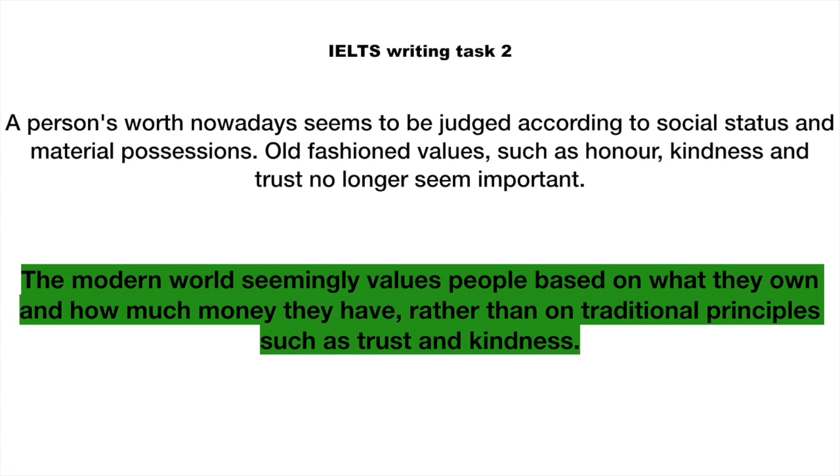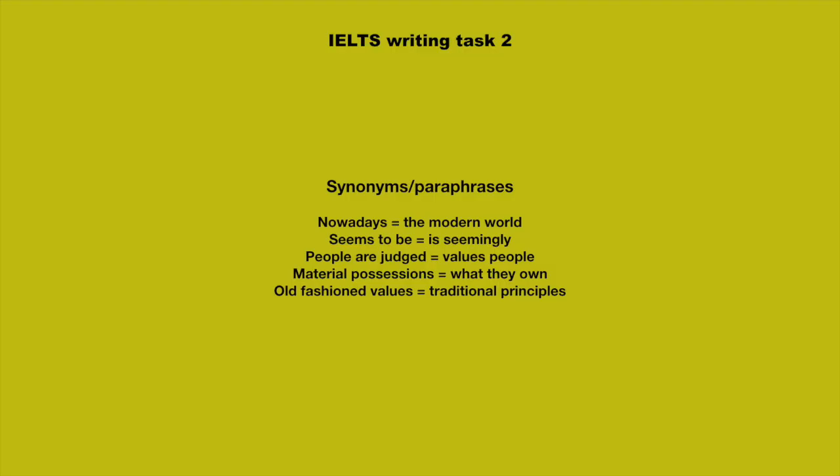Let's quickly look at some of the synonyms or paraphrases that I have used. So instead of nowadays, which was in the original, I've used the modern world. Instead of seems to be, I've used is seemingly.